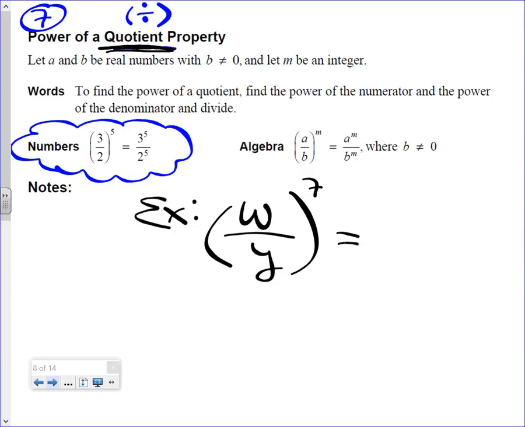Hit it. Done. We take whatever factors inside to the power outside. That's a better way of saying it. We're not multiplying.